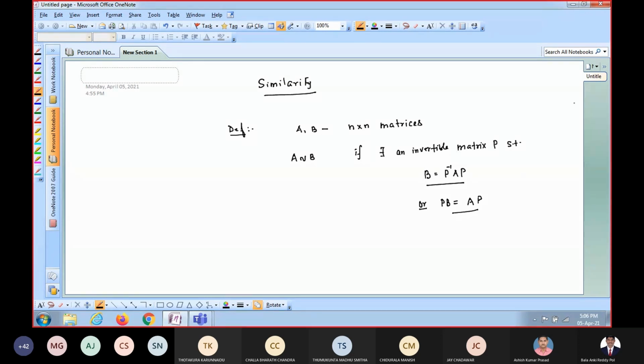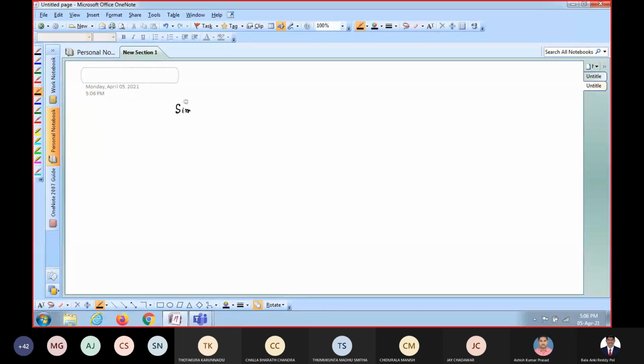So first of all, I will prove that similarity is an equivalence relation. Right? So what we mean by equivalence relation? By equivalence relation, we mean it should be reflexive, it should be symmetric, and it should be transitive.